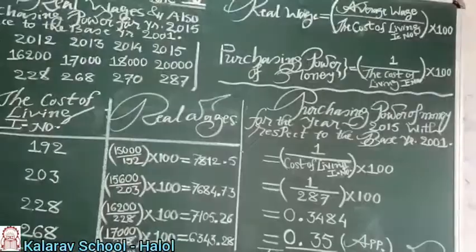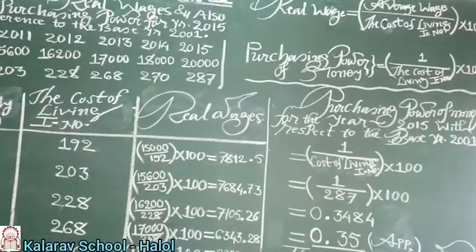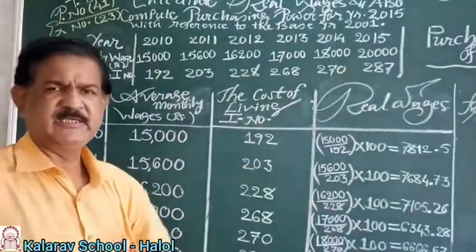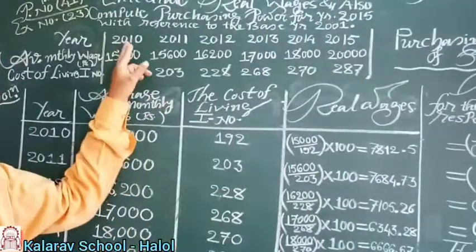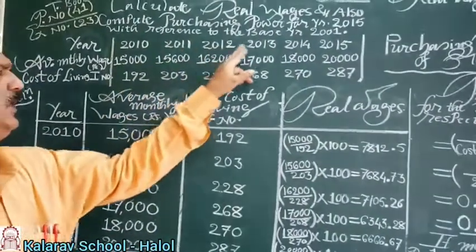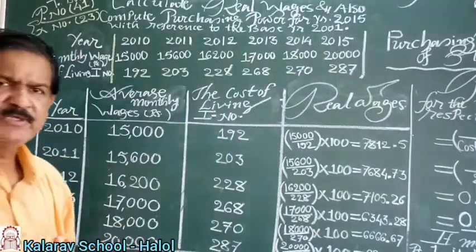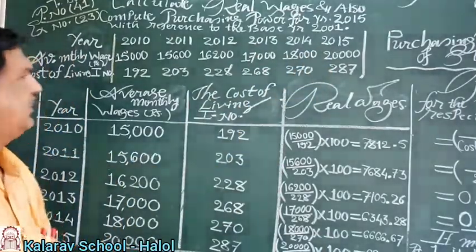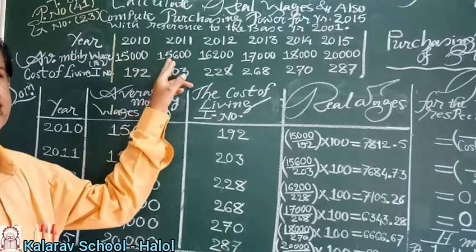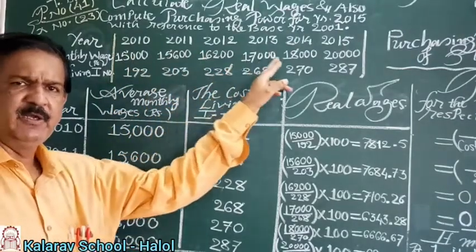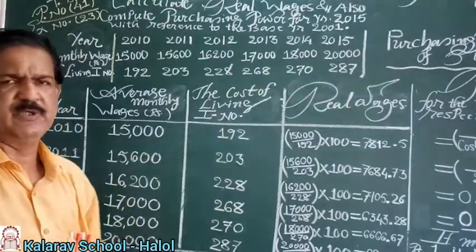We are given average wage and respective index numbers: 2010, 11, 12, 13, 14, 15. Average wages, that is wage for the given years, are 15,000, 15,600, 16,200, 17,000, 18,000 and 20,000.